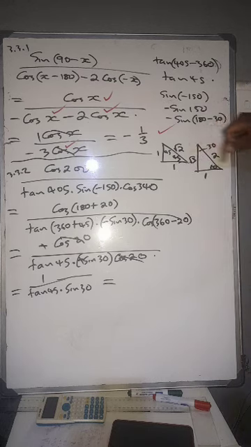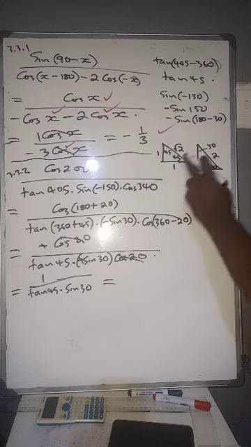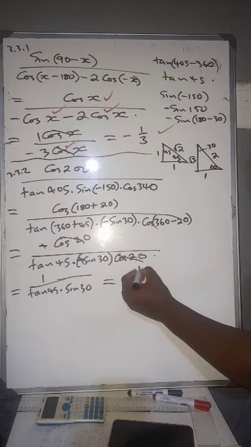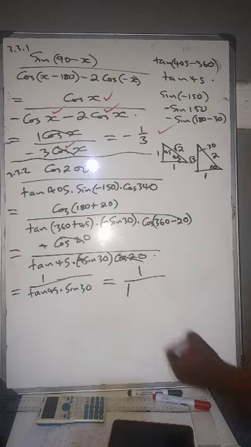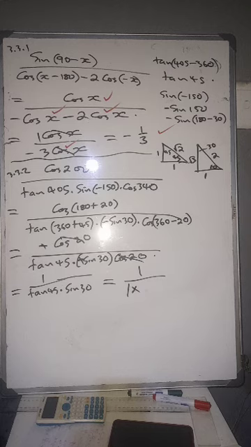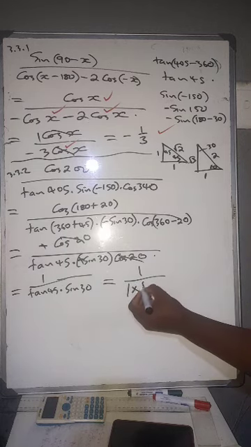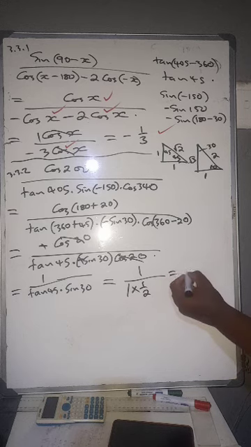You should know these two little triangles. So tan 45 is opposite over adjacent, so it's equal to 1, and sine 30 is 1 over 2, so this one gives us a 2.